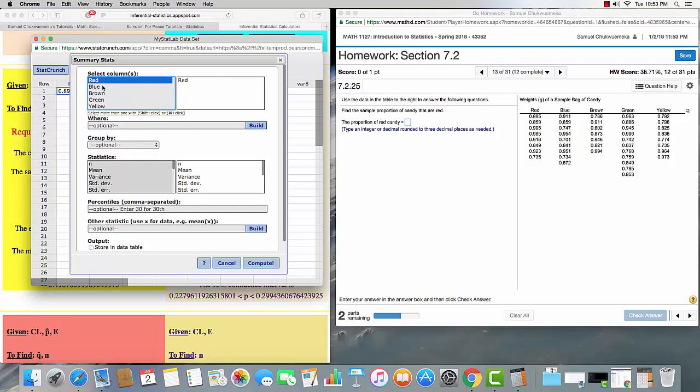I'm using Mac, so I'm holding the Command key down to select the rest. Now, if you're using Windows, you will hold the Shift key. Remember, it says select more than one with Shift plus click.